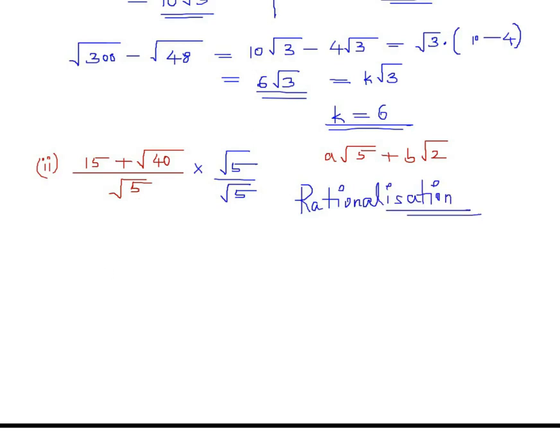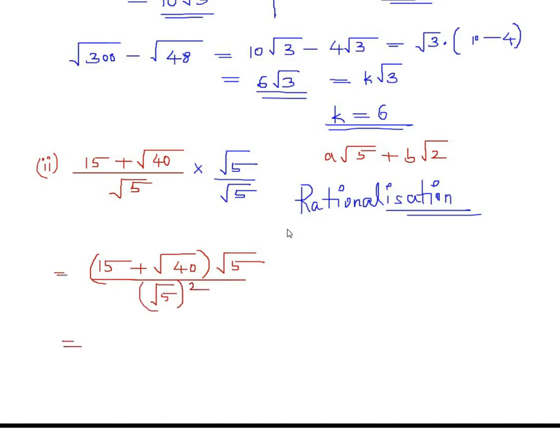Now once you do this, what we are going to do is, we are going to combine the numerators and write it as 15 plus square root of 40 multiplied with square root of 5, and in the denominator we get square root of 5 the whole square. Square root of 5 times square root of 5.